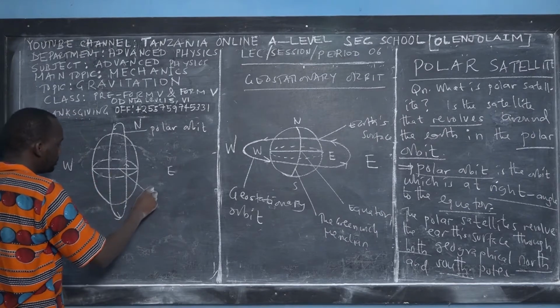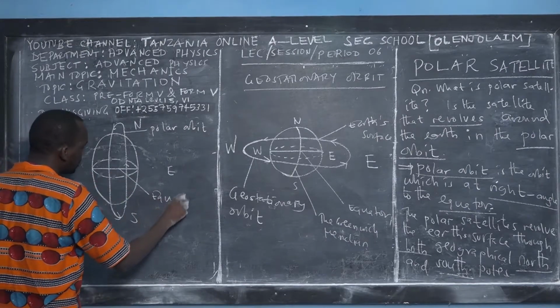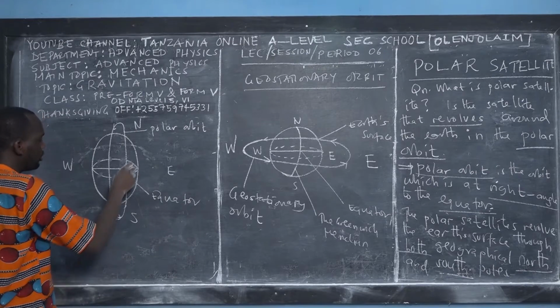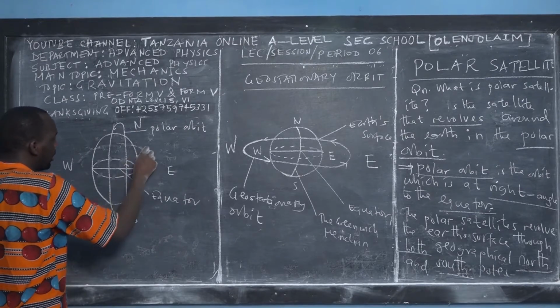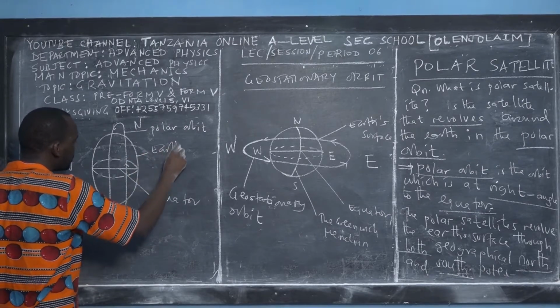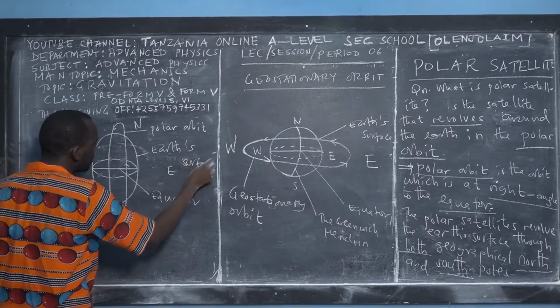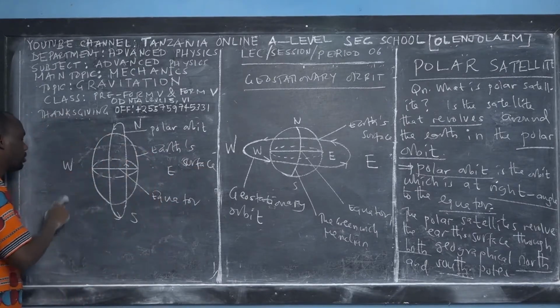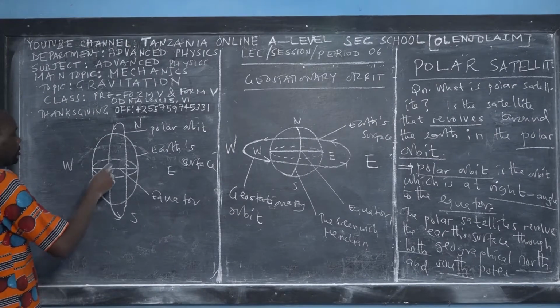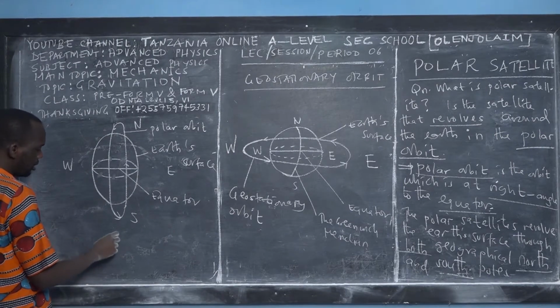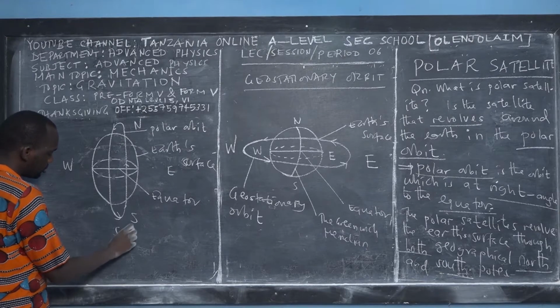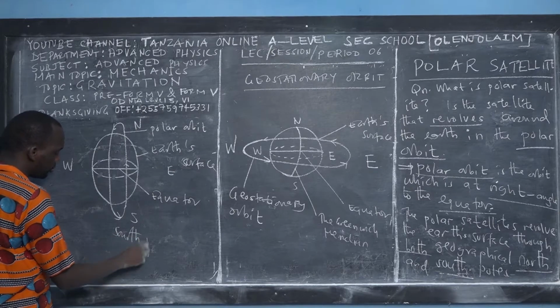And this we call the equator. And this we call the Earth's surface. And this is the North Pole. So this we call the South Pole.